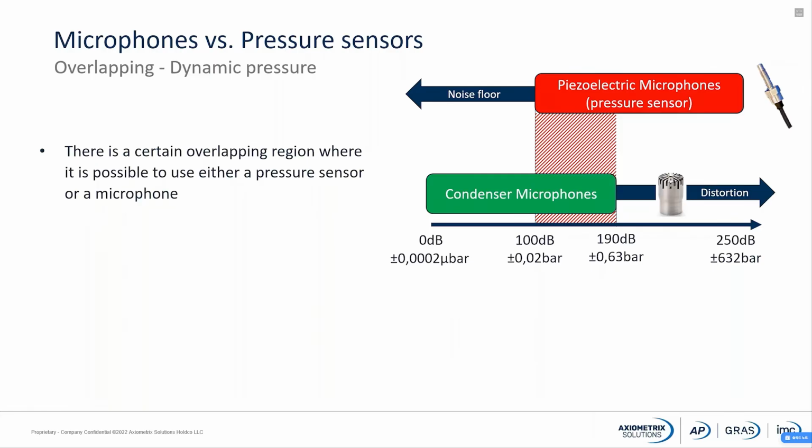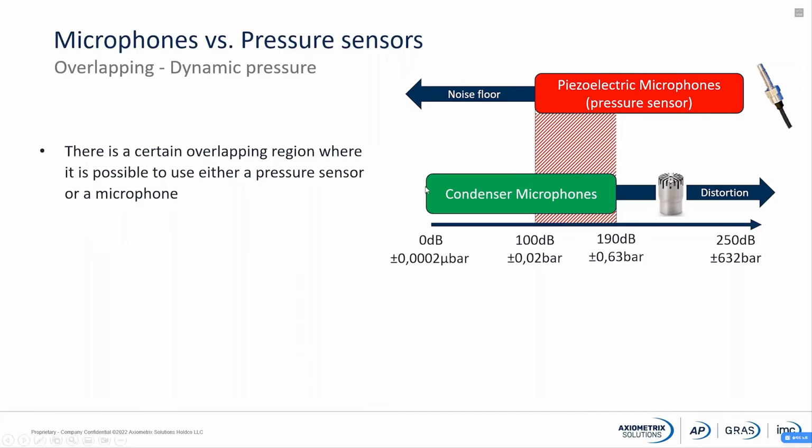Then in some cases for pressure sensors, you also have dynamic measurements. So you're only interested in what is on top of the atmospheric pressure or the barometric pressure. And therefore, sometimes they are called piezoelectric microphones, which is in reality a pressure sensor that works very much like a microphone, but it is a pressure sensor, and I will show you the differences later on.